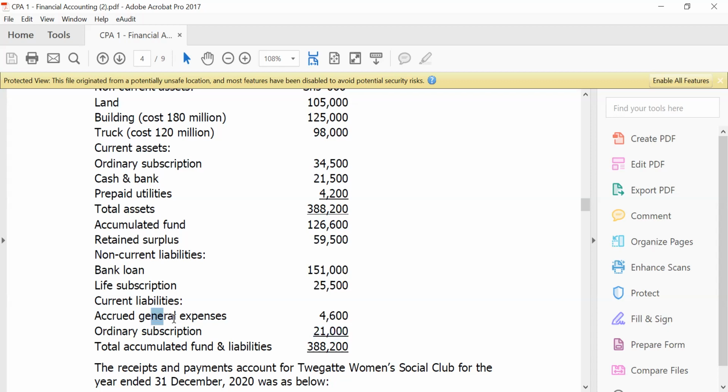Now, accrued general expenses are these general expenses which at the end of the year were not settled by the organization. We incurred them, but we didn't settle them. Now, when recognizing expenses, we don't recognize only expenses that we have paid for. Even expenses that we have not paid for, but relate to that year, have to be recognized. And that's what we call accrued general expenses.